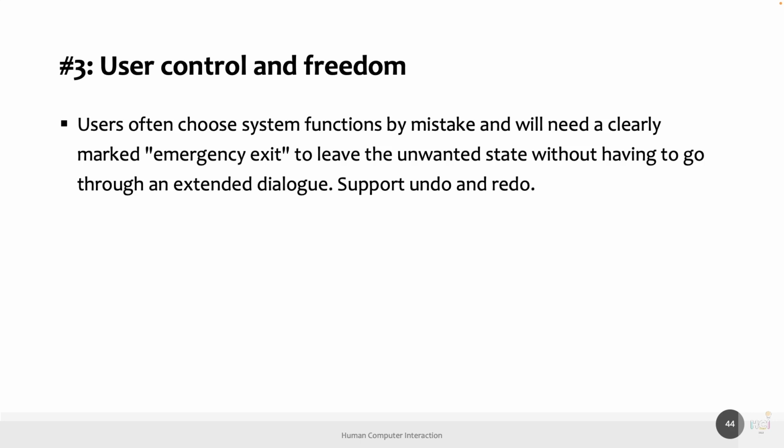Support undo and redo. So if I'm filling out a form and I insert some wrong field, I should highlight the specific fields that are wrong and not ask the user to complete the form from scratch, for sure.